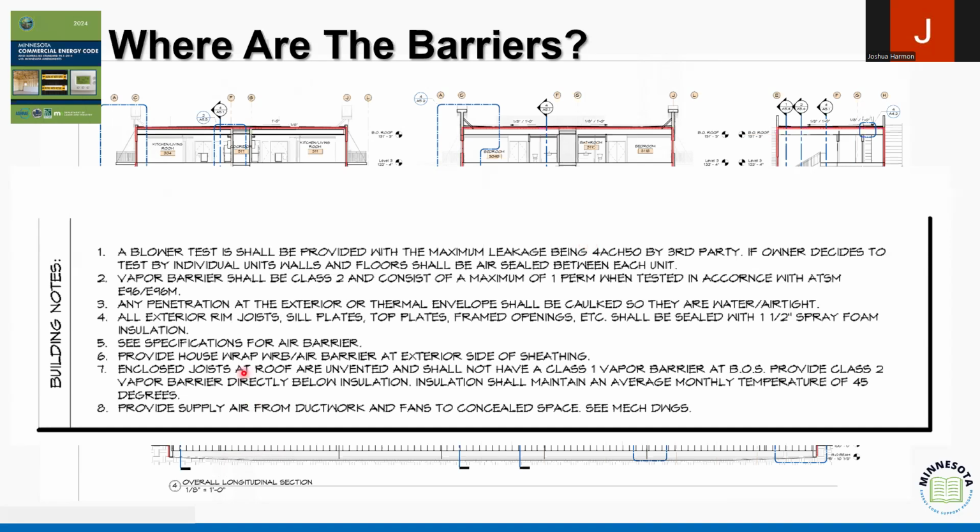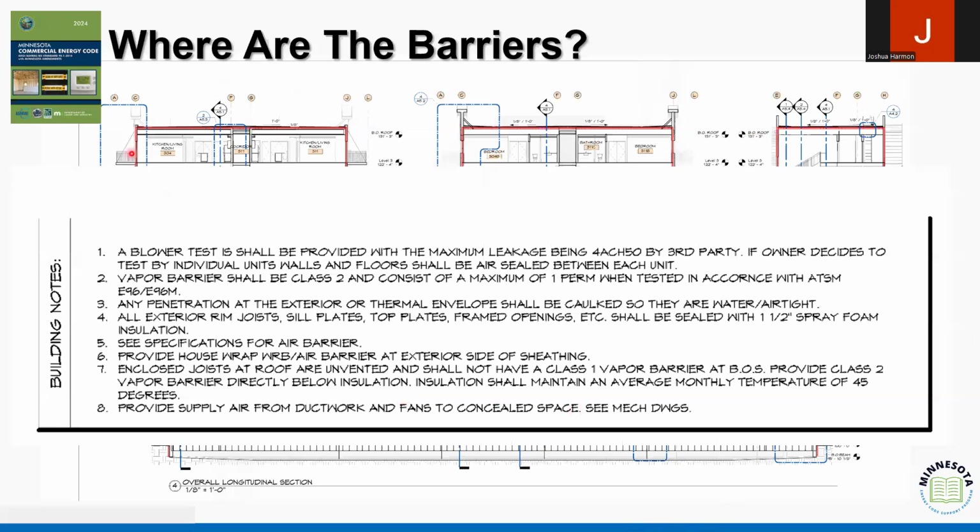Again, it tells me that there's a vapor retarder. It's going to be a Class 2, right? And it tells me what the testing expectations for that material are going to be. Penetrations will be caulked at the exterior wall so that they're water and airtight. We see all these different specifications: house wrap, weather resistant barrier. We see all these different ideas identified as part of this common concept of the thermal envelope.